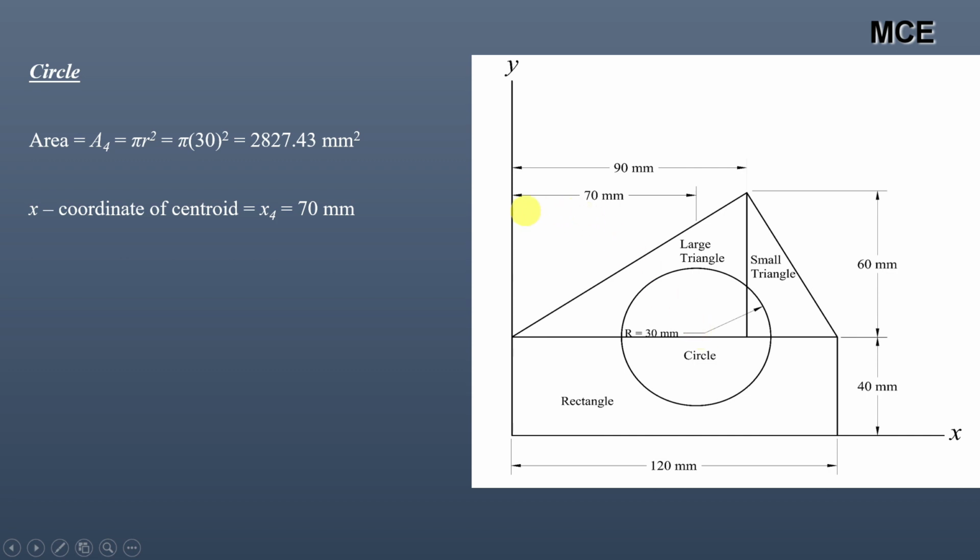So the x coordinate of the centroid is 70 mm. Similarly, the y coordinate of the centroid, here y4, will be equal to 40 mm, because the center of the circle is located at a distance of 40 mm from the x-axis. So the y coordinate of the centroid of this circle, y4, is 40 mm.